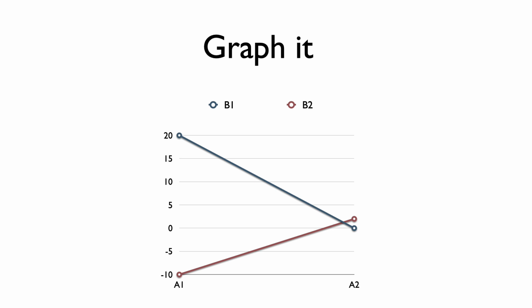I can't really comfortably say that A2 is bigger than A1, or A1 bigger than A2, because I have to mention B. It's very difficult, in fact. It's almost impossible.